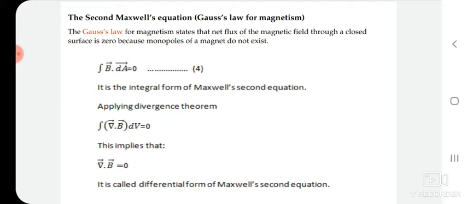Magnetic monopole does not exist, because if you consider a bar magnet, that bar magnet has two poles, north pole and south pole. If you break that magnet, again the two magnets have a north pole as well as a south pole.